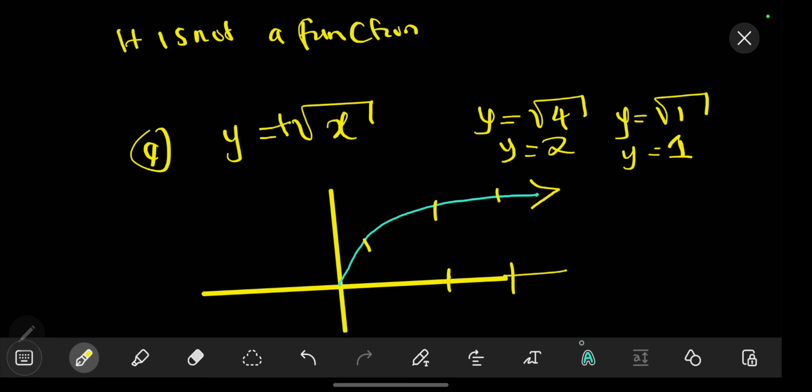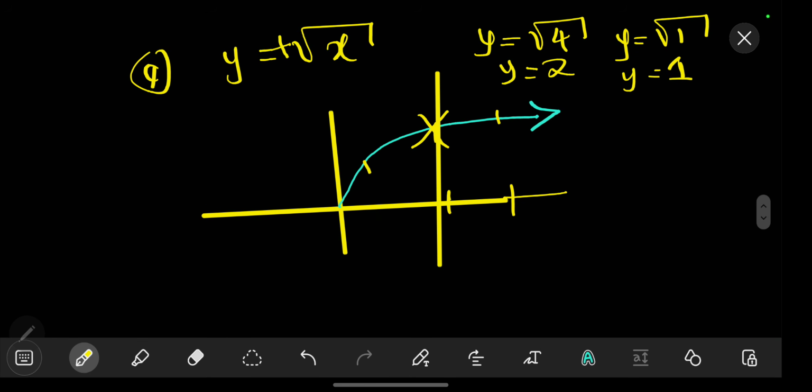In order for us to identify whether or not this is a function, we are going to draw a vertical line. So that's our vertical line. Now, if this vertical line touches the graph at only 1 point, then it is a function, because one x value only has one y value.